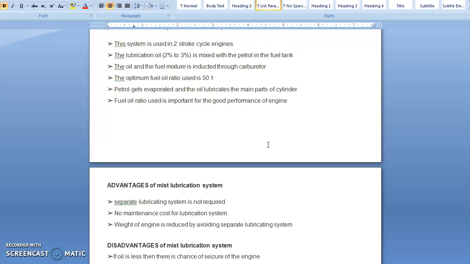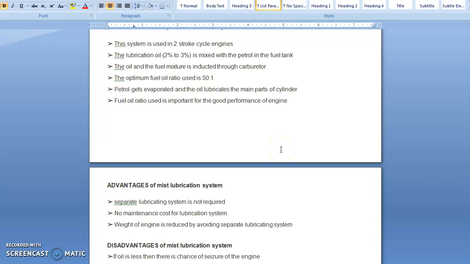It is the simplest form of lubricating system. It does not consist of any separate parts like an oil pump for the purpose of lubrication, but the lubricating oil is mixed into the petrol itself while filling the petrol tank of the vehicle, in a specific ratio as mentioned by the manufacturer.